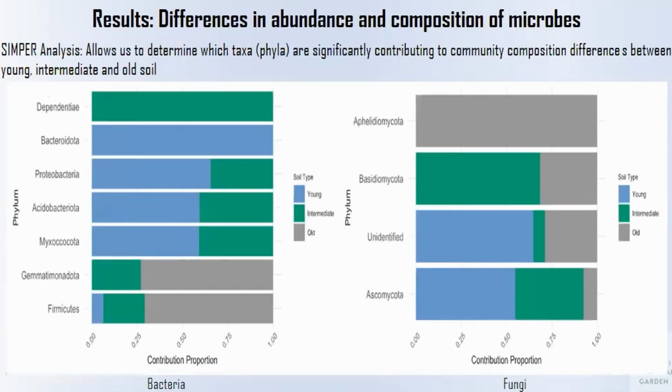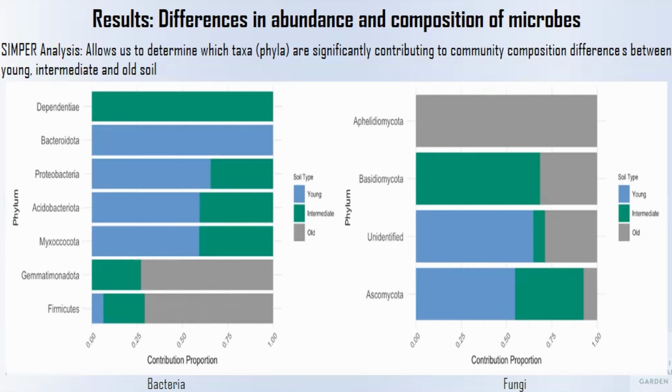And we can really dive into this with an analysis called the SIMPER analysis. A SIMPER analysis allows us to determine which taxa or which taxonomic group is contributing significantly to those differences in Bray-Curtis dissimilarity.